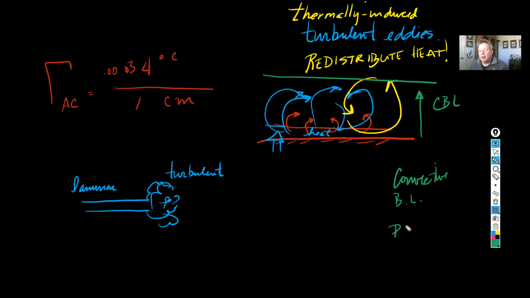Sometimes we call it the PBL, and P stands for planetary. Planetary boundary layer. Okay? So that planetary boundary layer, or the convective boundary layer, is where the eddies dominate. What kind of eddies in this case? Thermally induced. Getting the idea that there might be other types of eddies? That's true.